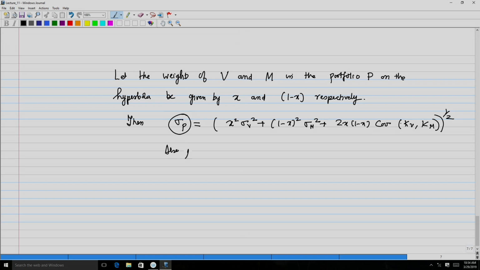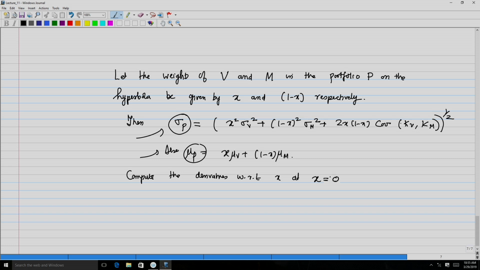Also, mu p is going to be equal to x into mu v plus 1 minus x into mu m. We then need to compute the derivatives with respect to x in both the cases at x equal to 0.